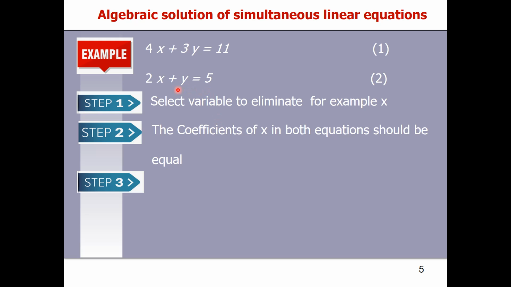So to find the values of x and y, select a variable to be eliminated. For example, we decide to eliminate the variable x. Now, the coefficients of x in both equations should be equal. To eliminate x by subtraction or addition of the two equations, the coefficients of x in equation 1 and equation 2 should be equal.